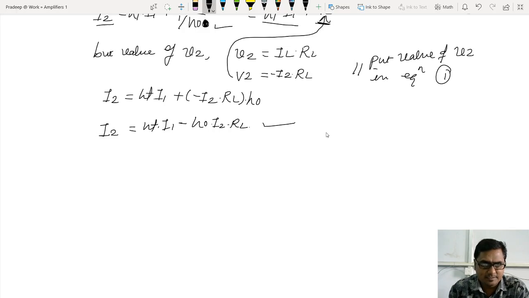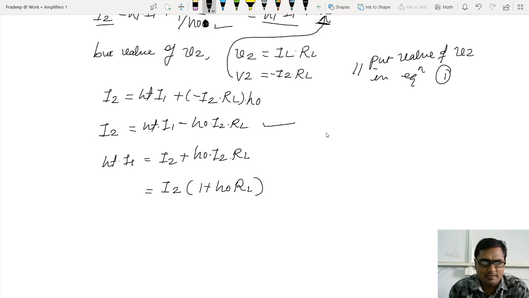So hf multiplied by I1 will be I2 plus ho I2 multiplied by RL. Let me simplify it. I will get I2 multiplied by 1 plus ho multiplied by RL is equal to hf multiplied by I1. So from this, can I write the equation for I2 divided by I1?